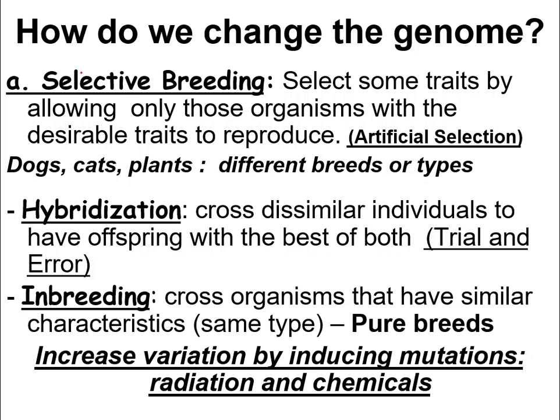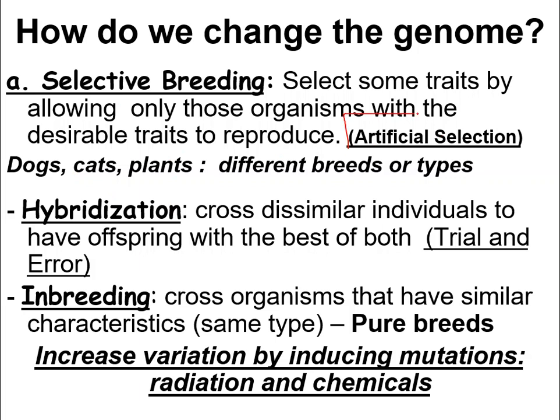This is not gene editing. This is not genetic engineering because we're not using any kind of technology here. Rather, we're just telling and essentially forcing individuals to mate with each other. But it is nevertheless a way to change the genome.